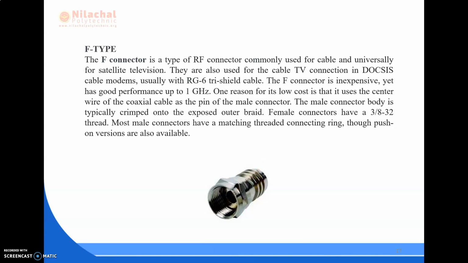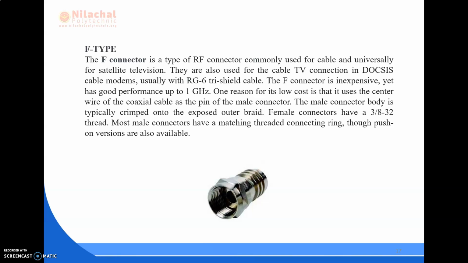This is basically used for satellite internet. They are also used for cable TV connections, for the local cable modems. The F-type is inexpensive yet has good performance up to 1 GHz. One reason for its low cost is that it uses the center wire of the coaxial cable as the pin of the male connector.